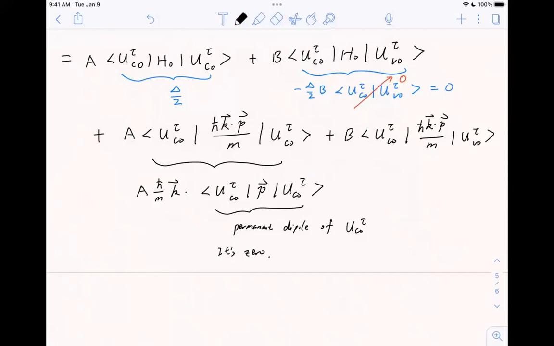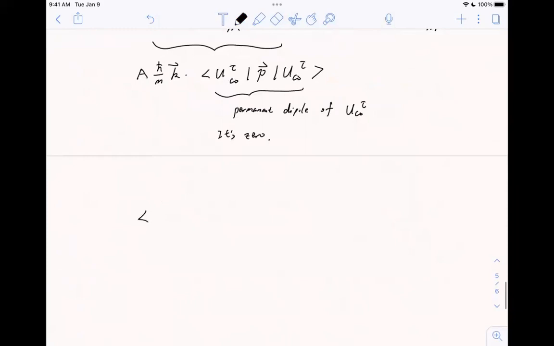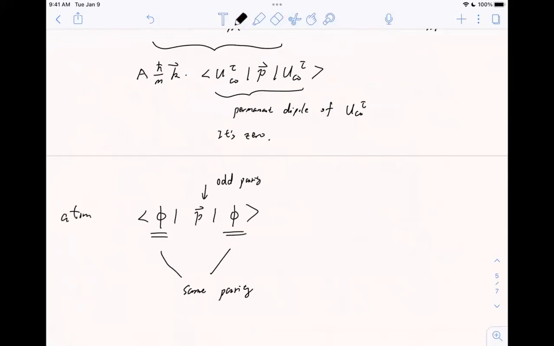Because of symmetry. These two have the same parity, and this one has odd parity in an atom. So when you do the integration, you always get 0.